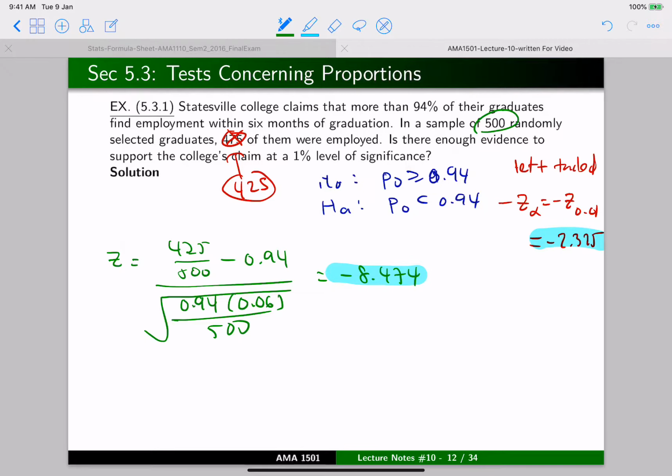We note that the test statistic is less than it, so it is in the critical region. This implies we reject the null hypothesis and accept the alternative hypothesis. Therefore, there's not enough evidence to support the college's claim.